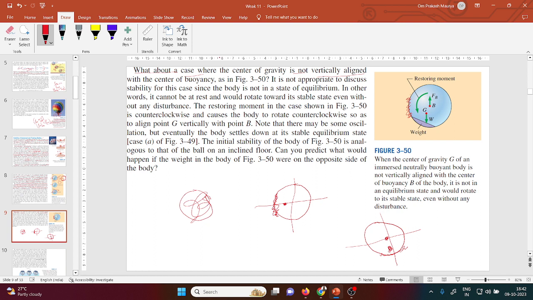Buoyant force is always acting here because buoyant force depends on the shape of the body. The volume is similar, V1 is equal to V2, and the shape is similar. What will happen? There is no rotation, because the buoyant force and the weight of the body are aligned in the same line of action. But in this case, there is rotation.